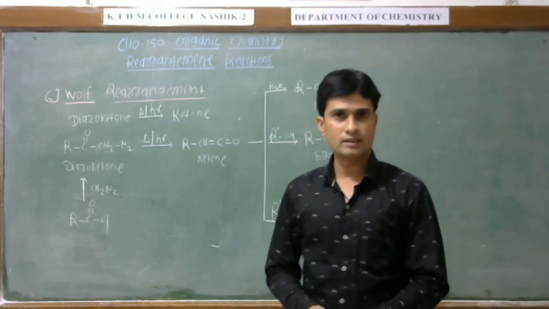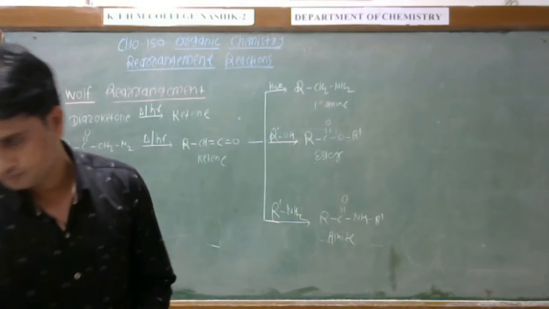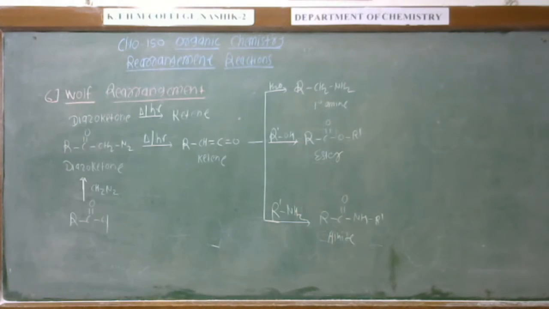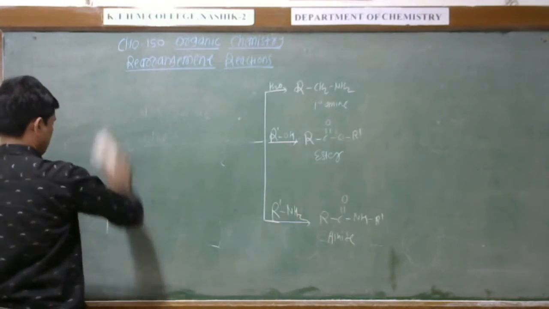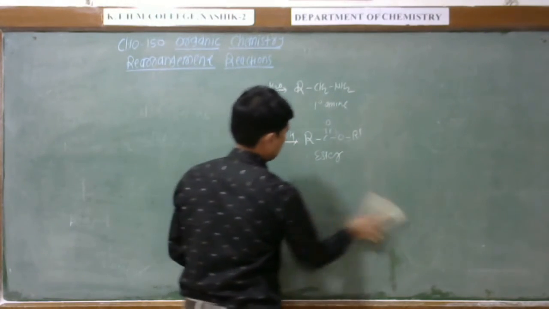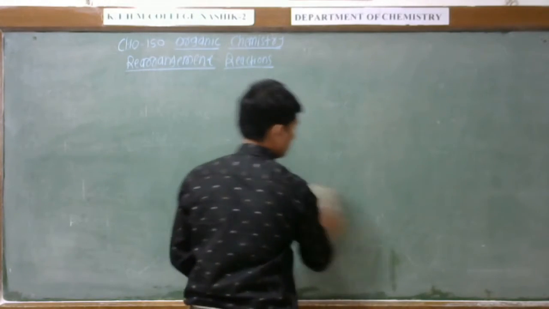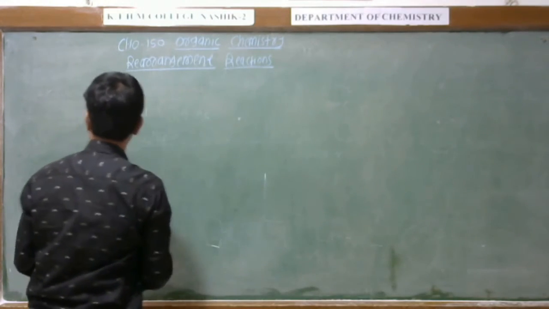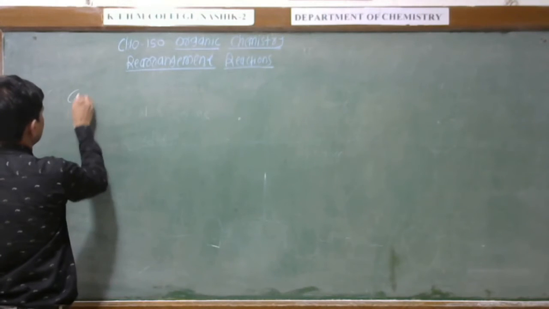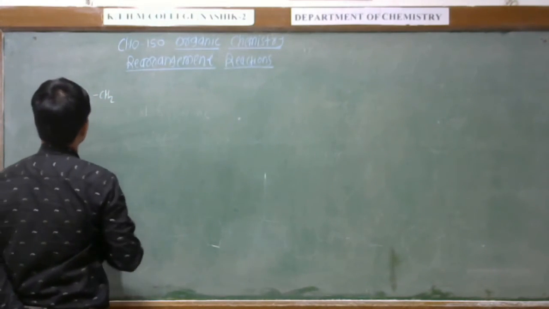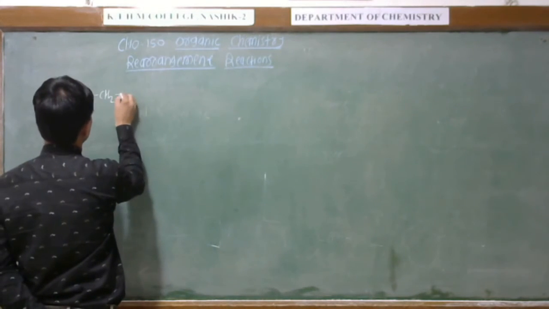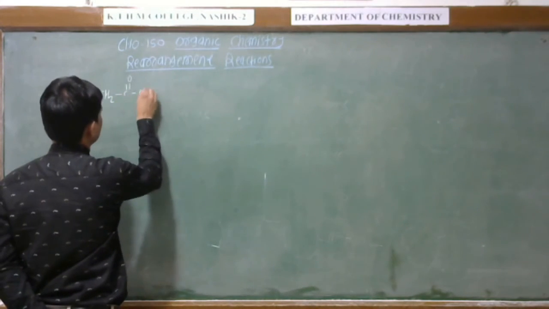So let us discuss one example. See, this is the example: C6H5CH2 C double bond O Cl.